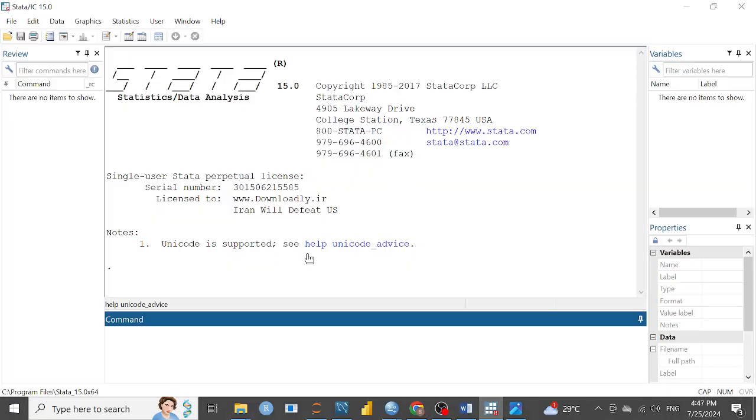Now, on Stata, we have some inbuilt data we can make use of for practice. The system has some of this data. By using the command sysuse dir, it will give us a list of data we have.